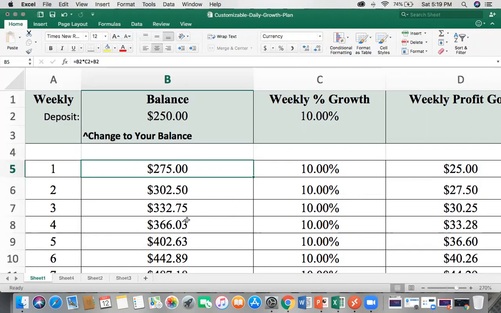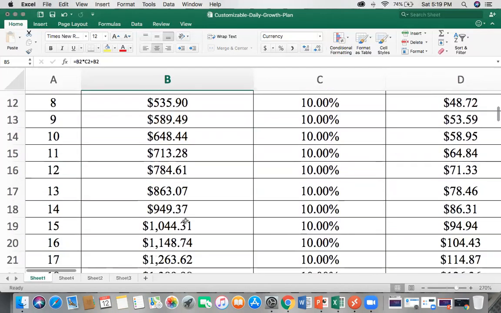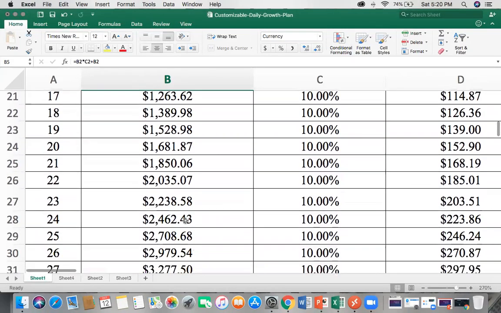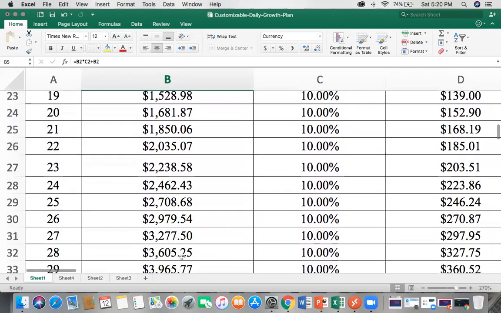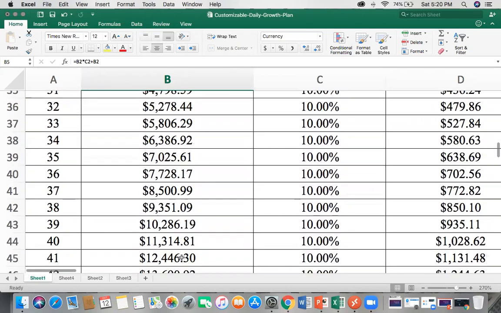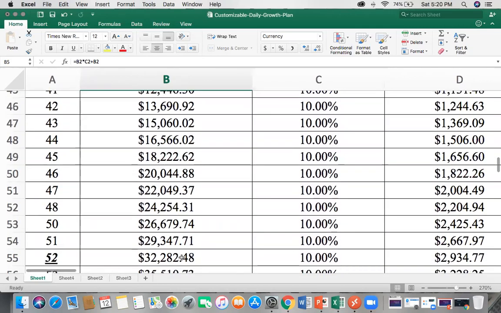So possibly after a month, your account of $250 can actually see $366. And then of course we can go on to 12 weeks, 18 weeks, 26 weeks, which is at this point 6 months, 32 weeks, 40 weeks, 52 weeks, which is now a year, right?